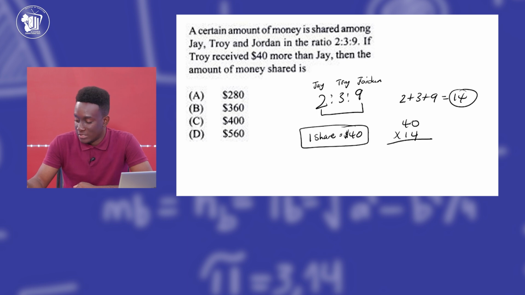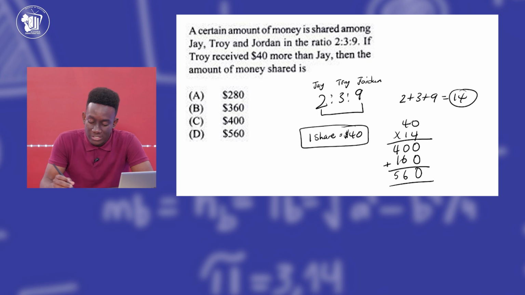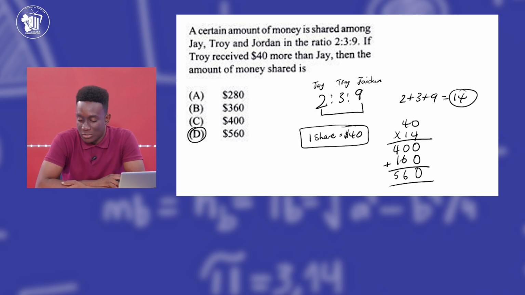Remember, we don't have calculators in this paper. So we put a 0 there. 1 times 0 is 0, 1 times 4 is 4. 4 times 0 is 0, 4 times 4 is 16. So the total would be 0 and 0 is 0, 0 plus 6 is 6, 4 plus 1 is 5. So the total amount of money shared would be $560, which is D.